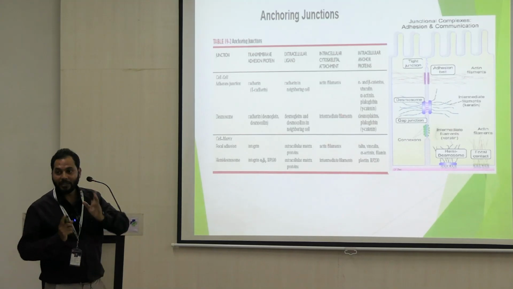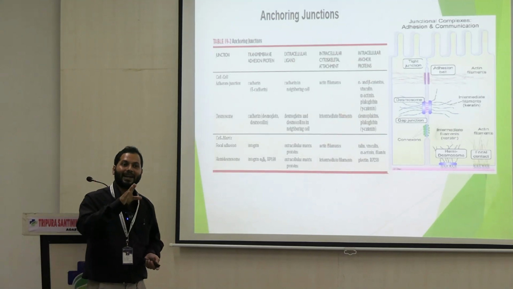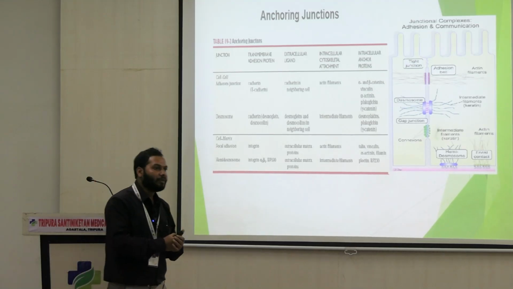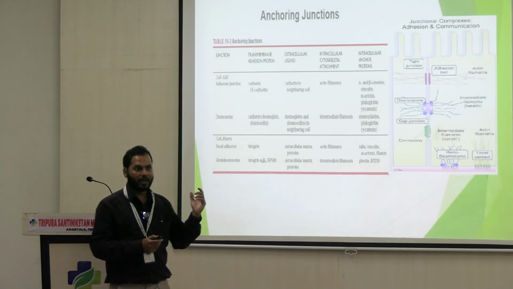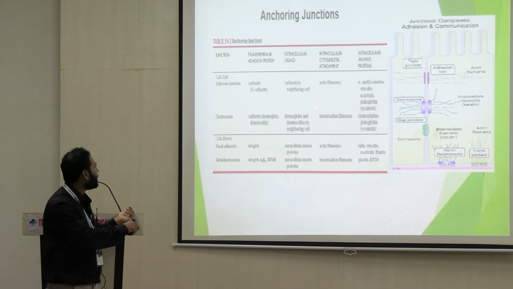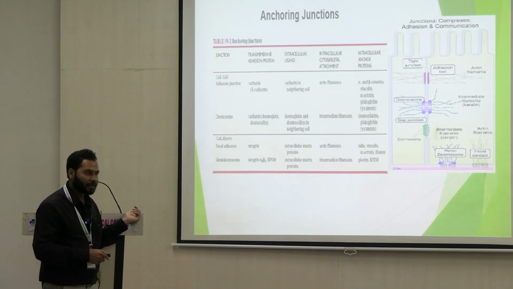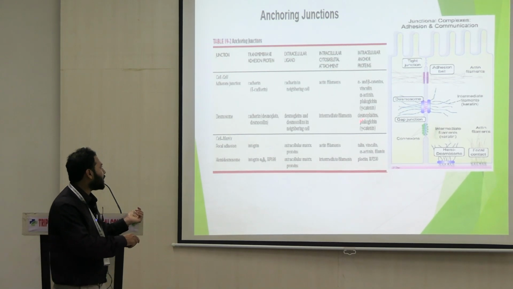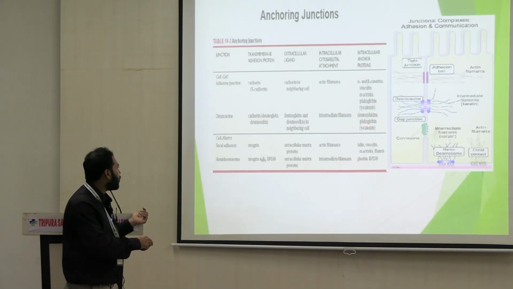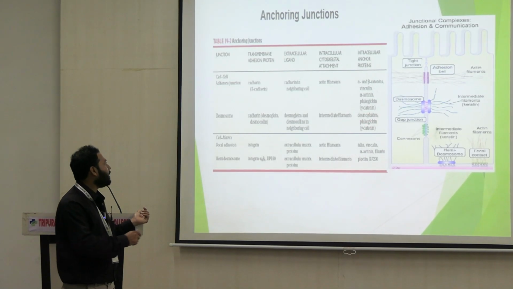The main difference between Adherens junctions and desmosome is the cytoskeletal filament. In Adherens junctions, the cytoskeletal filament was actin, but here it is intermediate filaments. And the most important adapter proteins for desmosome structures are desmoplakin and plakoglobin.